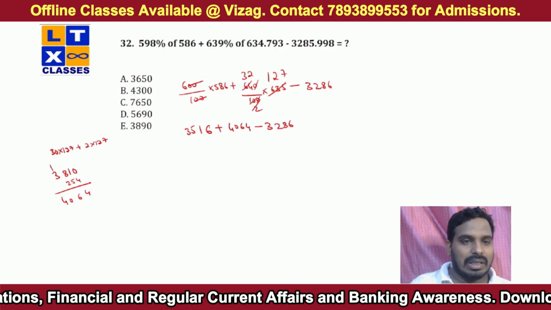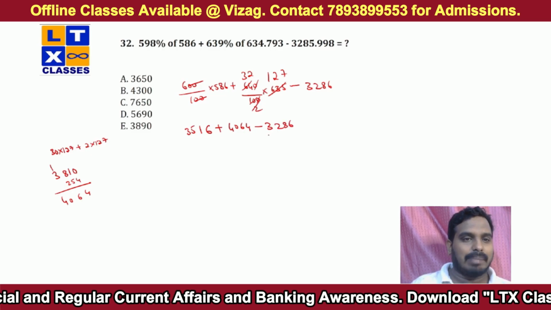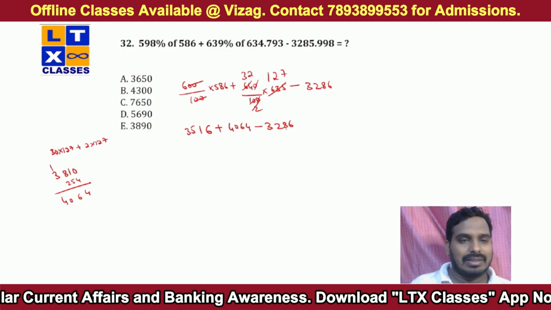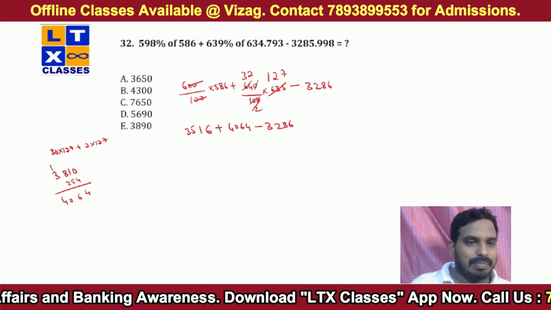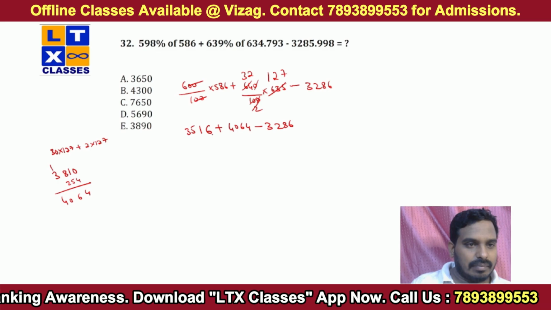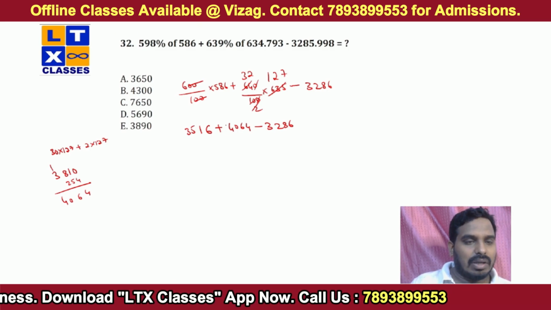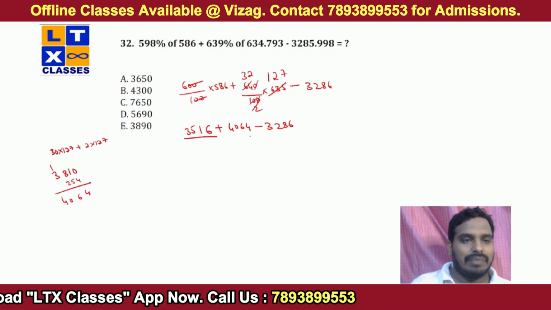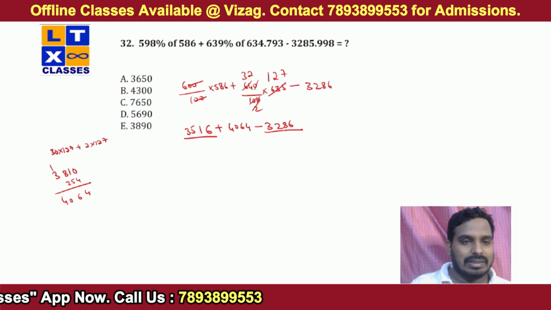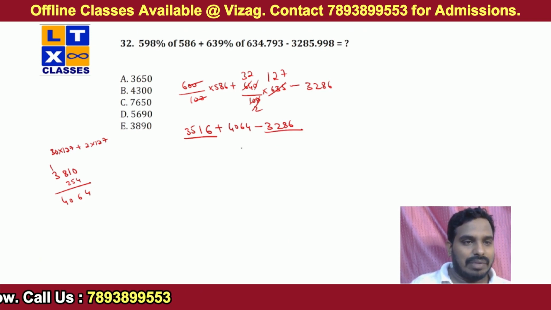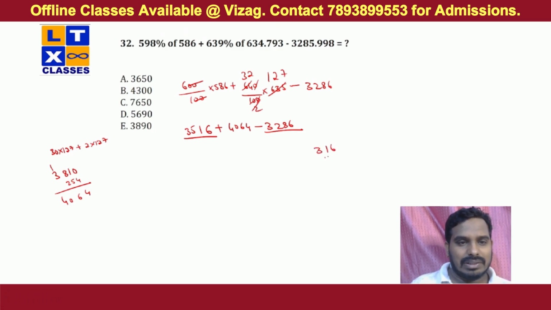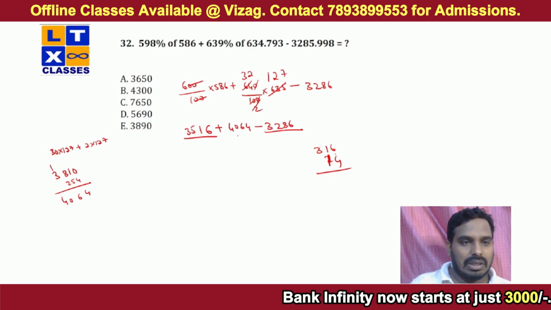4064 minus 3286. Now I'll simply add these two values and will subtract 3286 out of it. Or else I'll do one thing. 3516 and 3286, the difference would be 230.